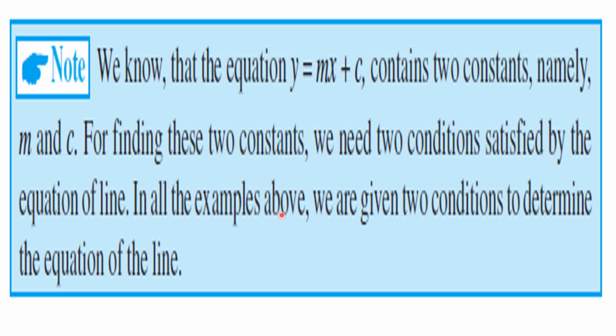In all the examples above, we are given two conditions to determine the equation of the line. Okay, my children, understood this point? To write the equation of a line, two conditions should be given. Without the two conditions, we cannot write the equation of a line. Okay, my children, understood? Right.